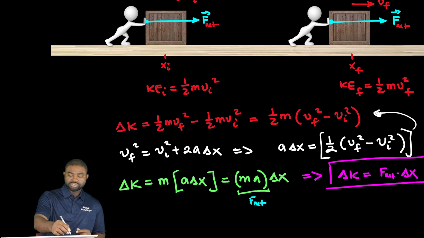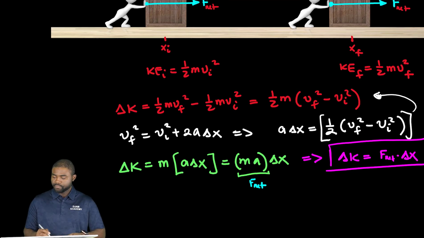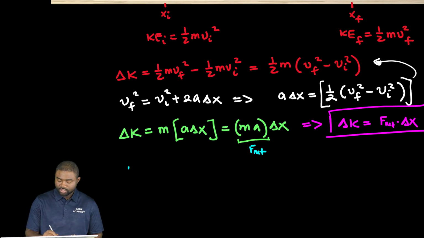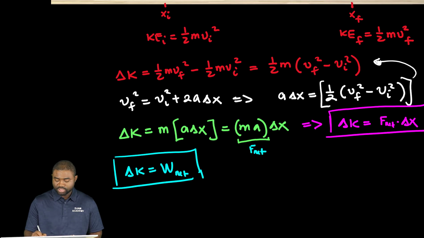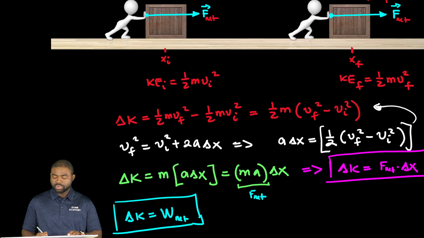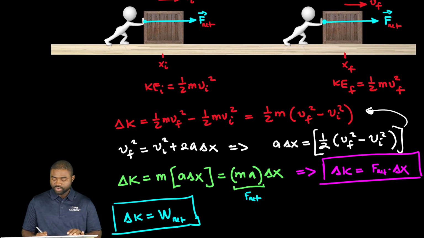In other words, we're essentially saying that the change in the kinetic energy will be equal to the net work done on the system. Isn't this powerful? This is a very, very important result that tells us that the net work done on the system is equal to the change in the kinetic energy of the system.